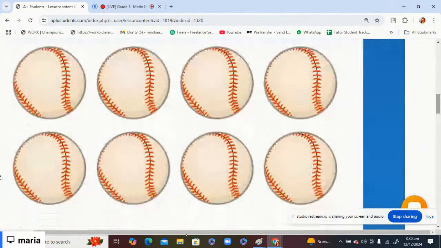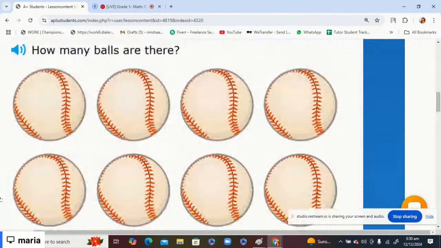Okay, so how many balls are there? Count it everyone and then tell me. It's 8.